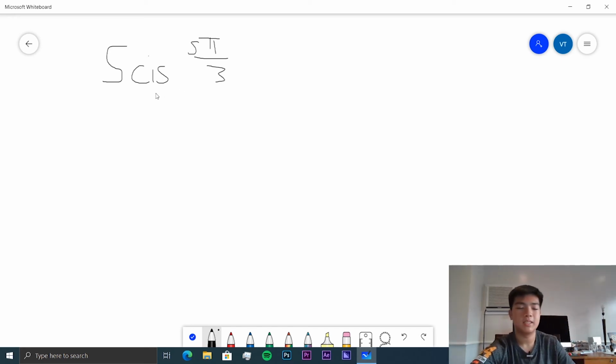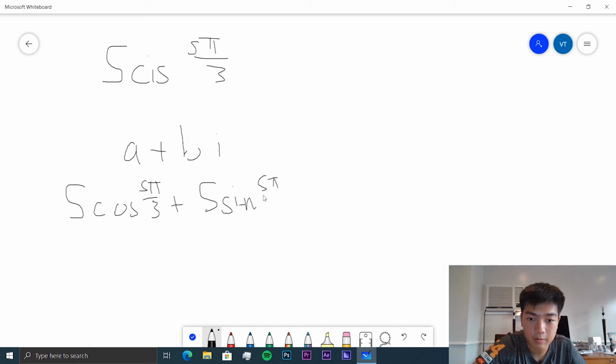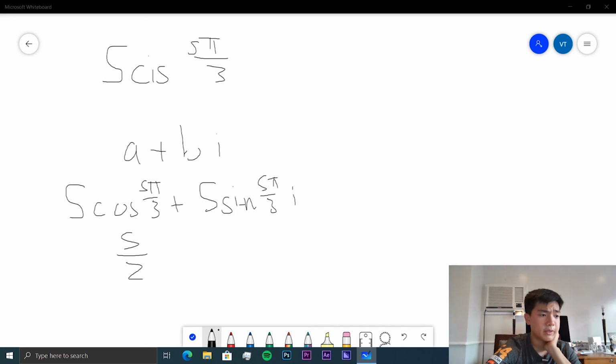Oh, I must have missed the question. No, yeah, okay. So how do we find this in the normal form? Well, we can write this as a plus bi, where a is 5 cosine 5 pi over 3 plus 5 sine 5 pi over 3 i. So cosine 5 pi over 3, what is this? This is equal to 1/2, I believe, so this is 5 over 2.